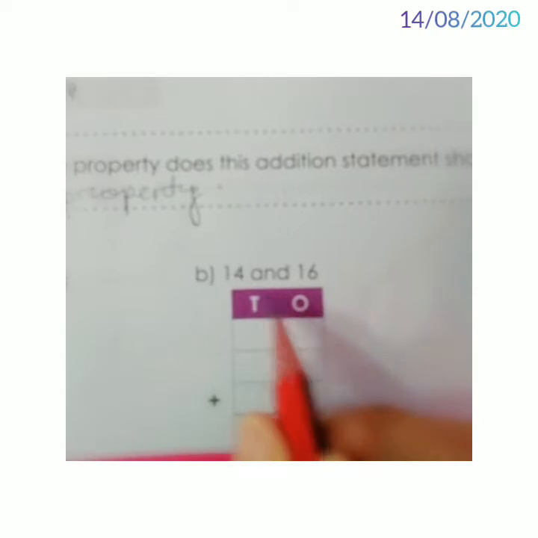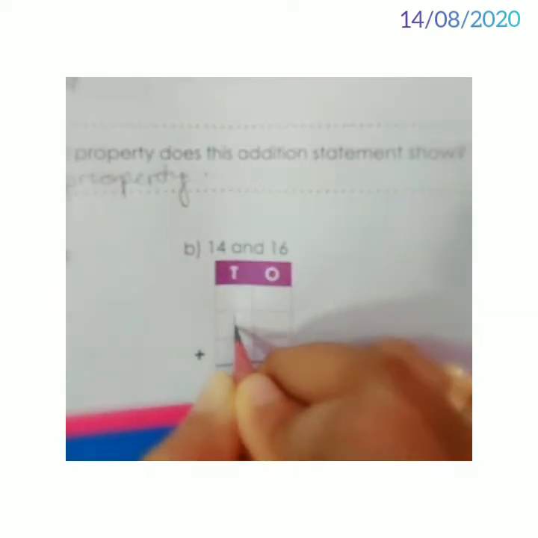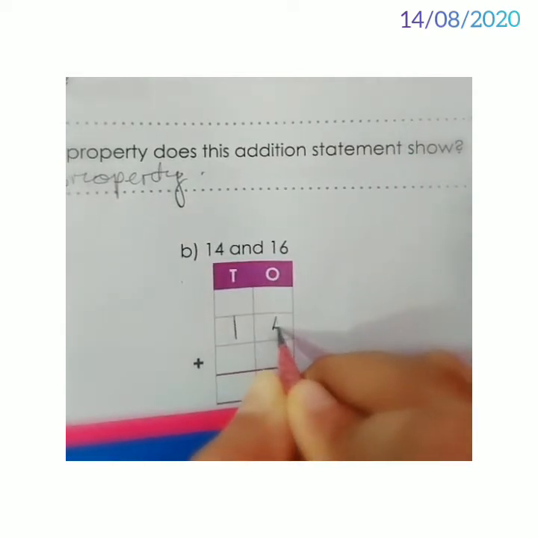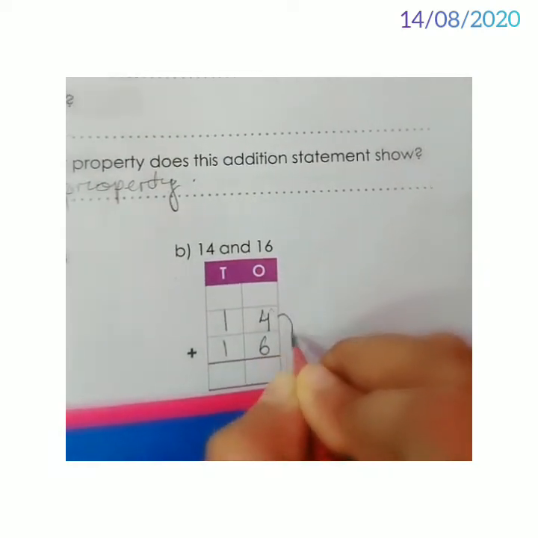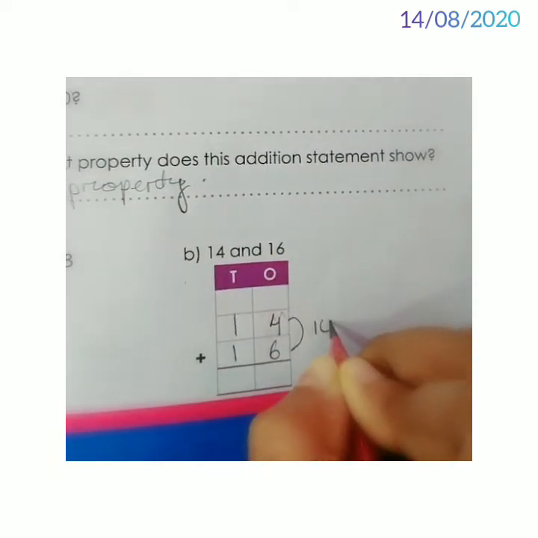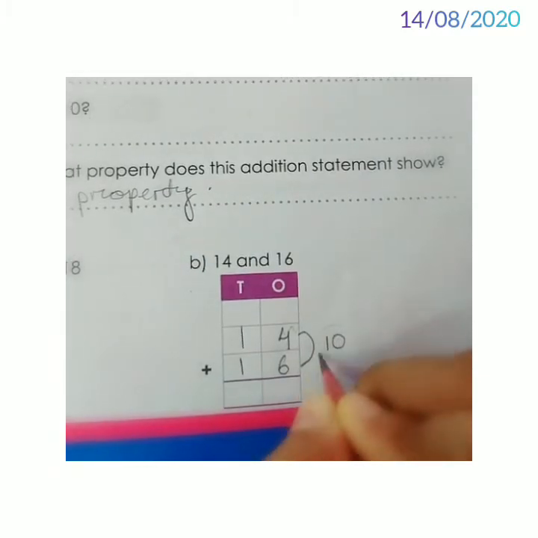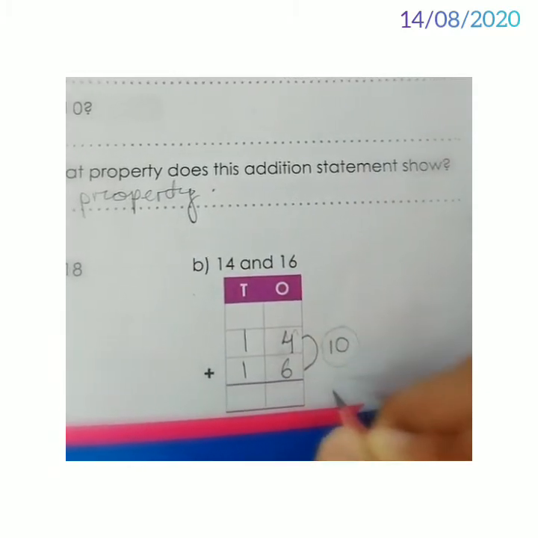Okay, now let's move on to the next question. 14 and 16. Alright, we have to add vertically. So you write down first the numbers vertically. 14 and 16. Now we have to add. Now 6 plus 4 is 10. Isn't it, dear children? And we have to regroup this number because it is more than 9.